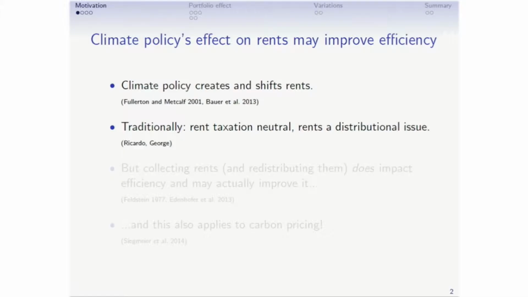Now, traditionally, the view on rents has been that rent taxation, being neutral, is a very convenient way of raising public funds. And then rent taxation was mainly seen as a distributional issue. Because it's easy to get the rents and take them away from somebody, you could then redistribute them and mainly cater to those needs.